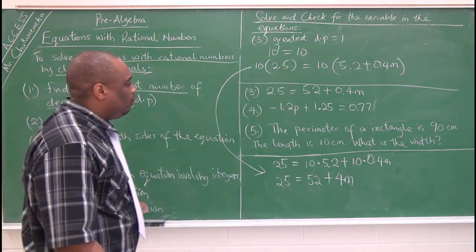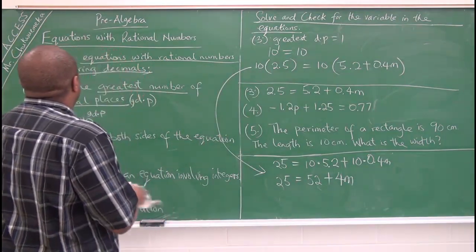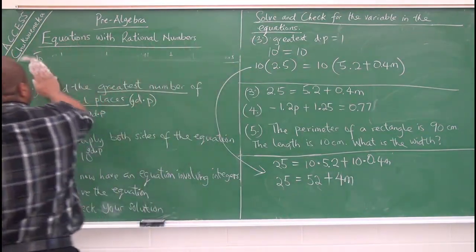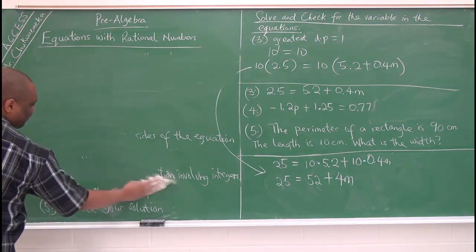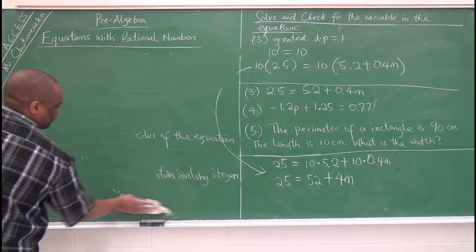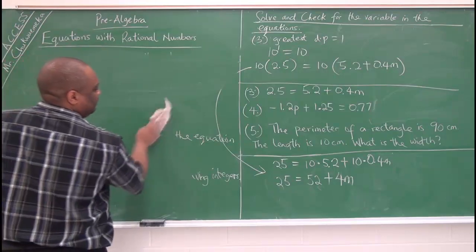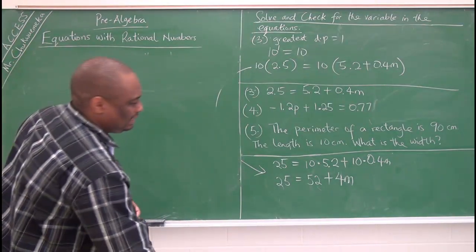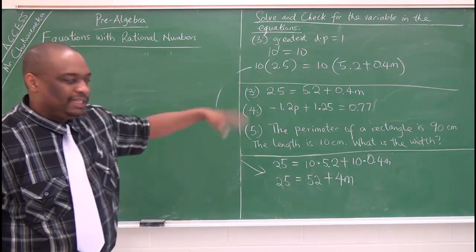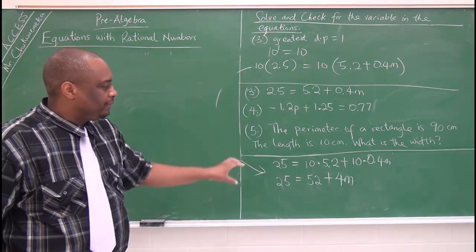Now what do we do next? We want to make sure we rearrange. Why do we want to rearrange? Because our variable is on the right-hand side. I've explained this in previous videos.